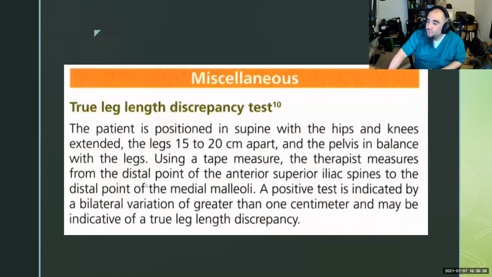We talked about true versus apparent leg length at the very beginning of the semester, right? I said that true leg length discrepancy is a problem with the bones. There's something going on with the bones themselves, whether the angles are off, the length of the bones are off, whatever it may be. And an apparent leg length discrepancy is where you have some shift going on.